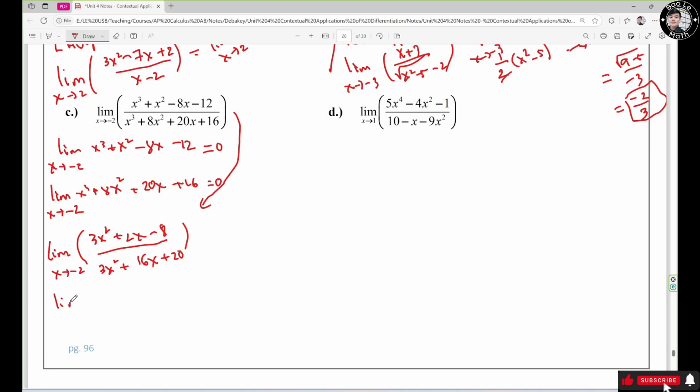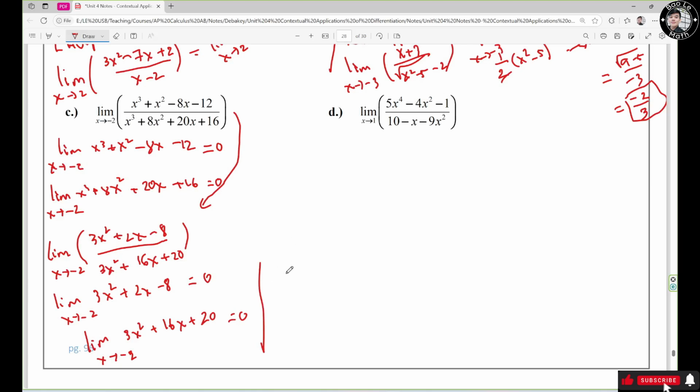You have the limit of 3s squared plus 2s minus 8 as s approaches negative 2 equals 0, and the limit of 3s squared plus 16s plus 20 as s approaches negative 2 is still 0. Then L'Hôpital's rule applies a second time.